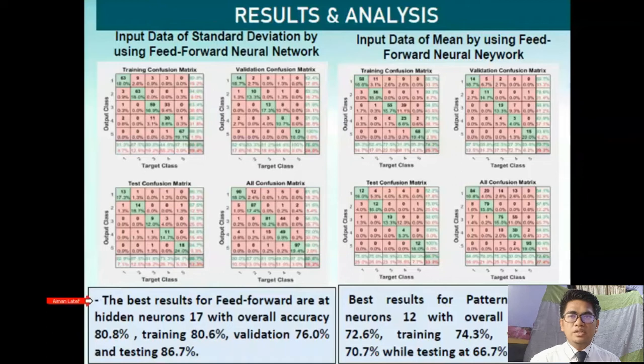Hence, the best overall accuracy by using standard deviation and feed-forward method is at the hidden number of 17, with overall accuracy of 80.8%, training 80.6%, validation 76%, and testing 86.7%.